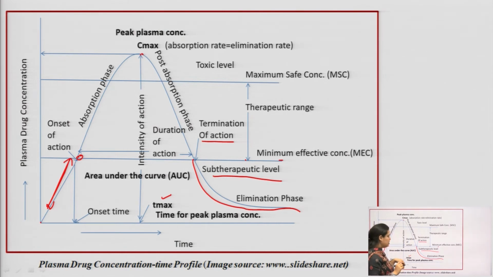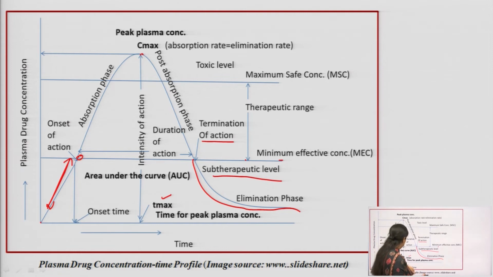The time at which it reaches Cmax will be called Tmax, and in the post-absorption phase the elimination will be more as compared to absorption. Then below that MEC point it will be the subtherapeutic level, and at this point the drug will show no effect on the body receptors and starts getting eliminated through the system, and the termination of effect will occur.